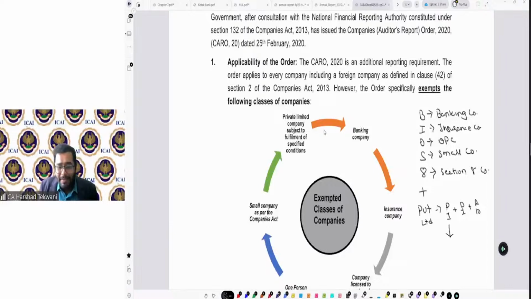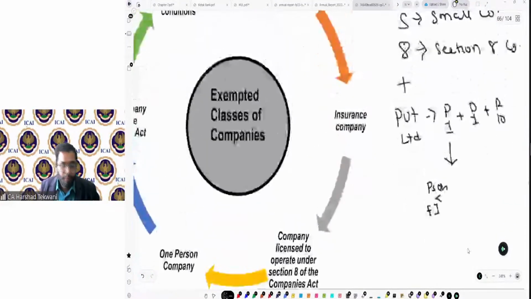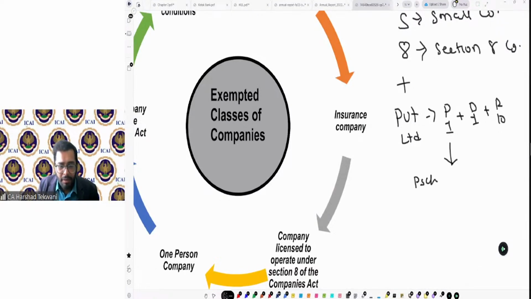P1, D1, R10: P1 is if paid up share capital is less than 1 CR. D1 stands for debt less than 1 CR.